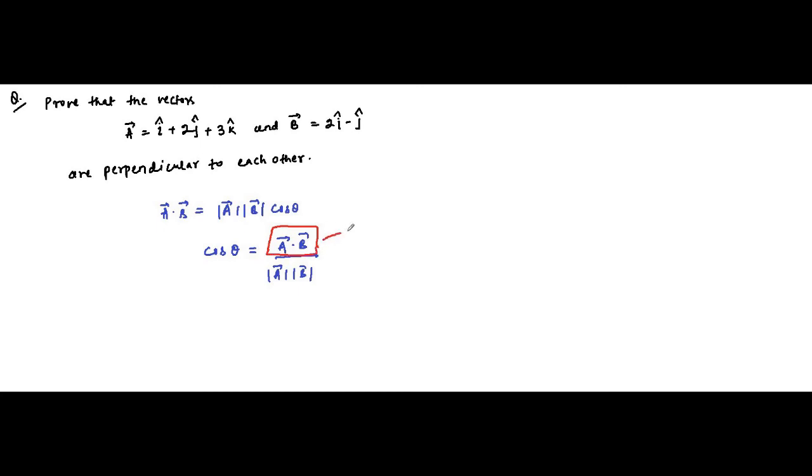Suppose it becomes 0, then cos theta will be equal to 0, and then theta can be expressed as cos inverse of 0, which is equal to 90 degree or some odd multiple of 90 degree, 270 degree, like that. Only then two vectors can be said to be perpendicular. So first we'll determine the dot product here, because everything is related to that.